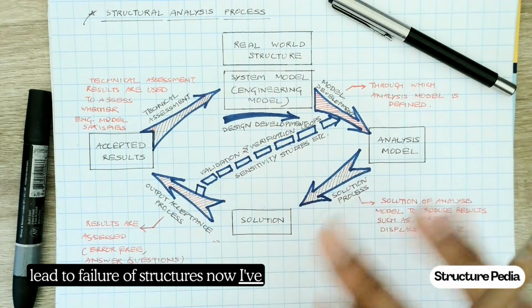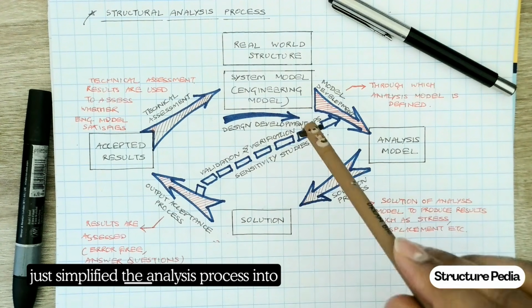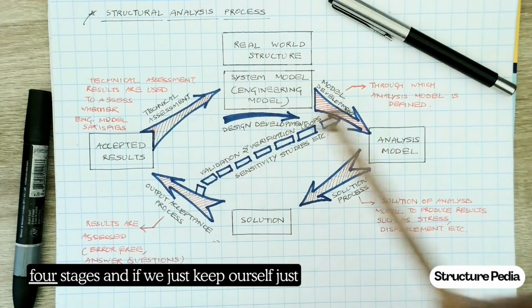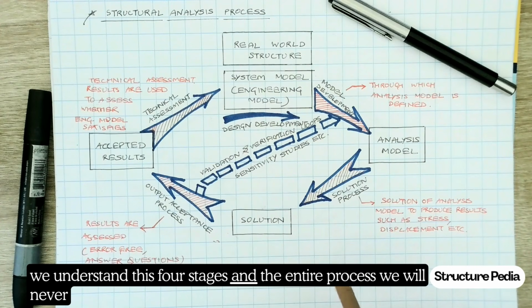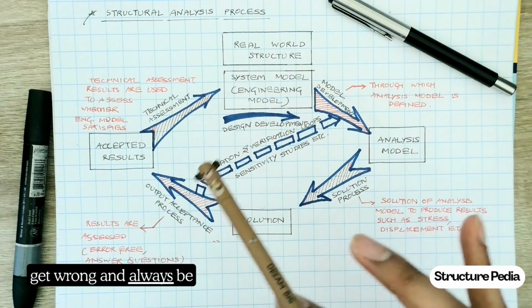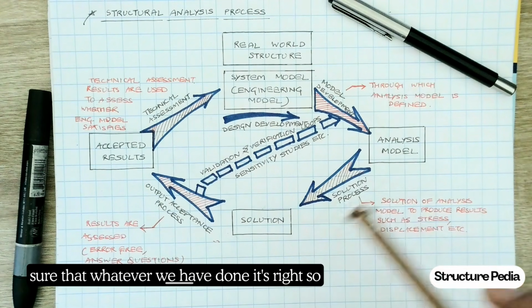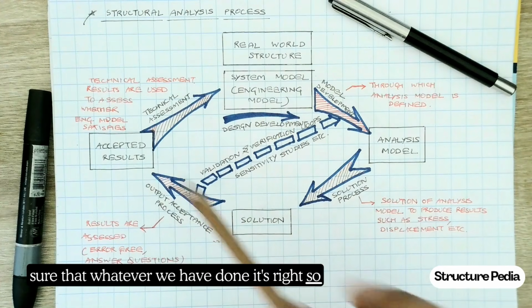I've simplified the entire process into four stages, and if we understand these four stages and the entire process, we will never get it wrong, and we will always be sure that whatever we have done is right.